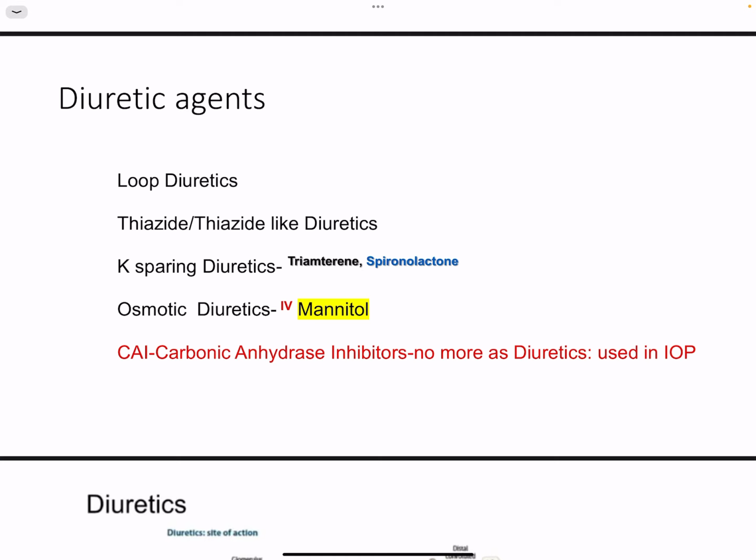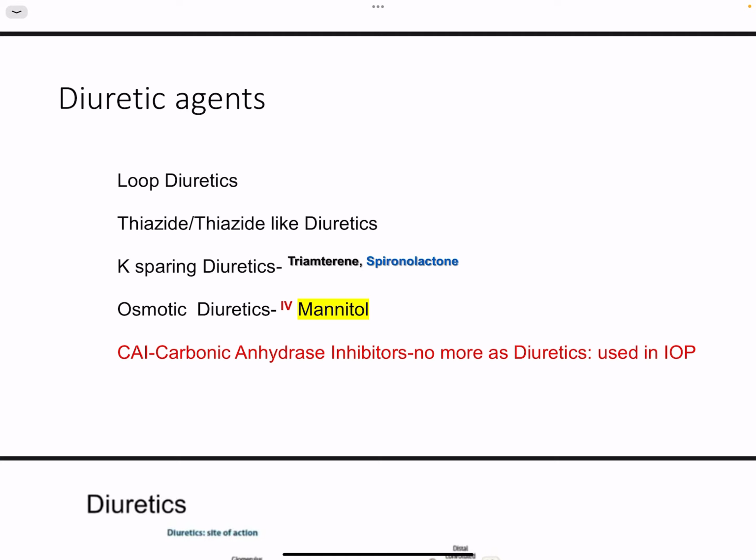As we discussed in the beginning, their mechanism of action is based on the segment of the nephron. If the drug is working in the loop of Henle, then we say these are the loop diuretics.